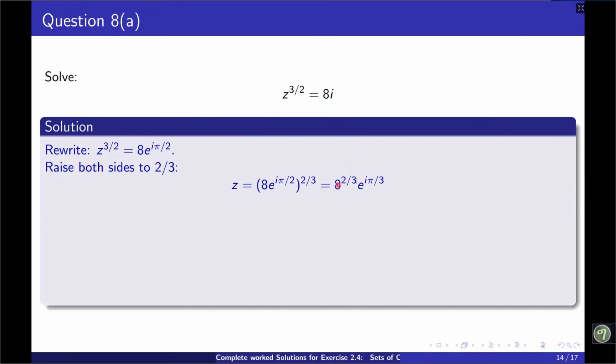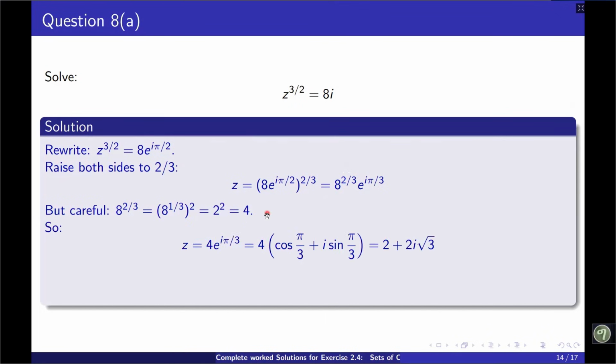This can be further simplified: 8 to the power of 2 over 3 means the cube root of 8 squared, that is 2 squared, which is 4. So if we substitute, we have 4 times e to the power of i pi over 3, which is equal to 4 times cosine of pi over 3 plus i times sine of pi over 3.